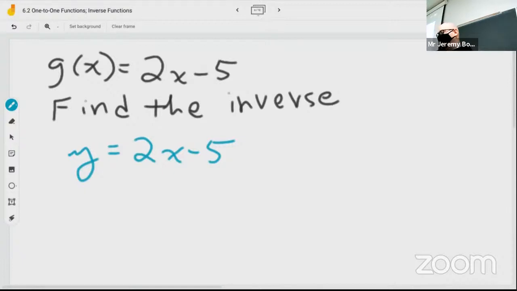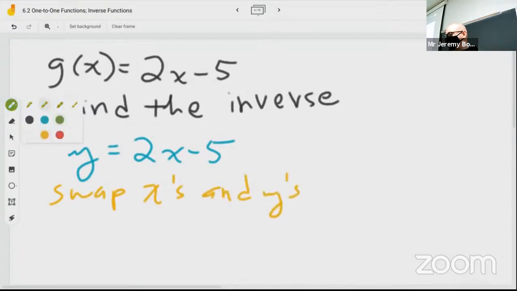All right. What are we going to do next? We're going to swap x's and y's. That's when we're actually going to find our inverse. So that means we're going to have x is equal to 2y minus 5.